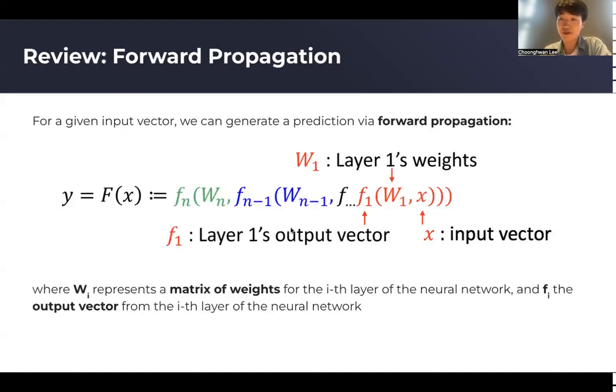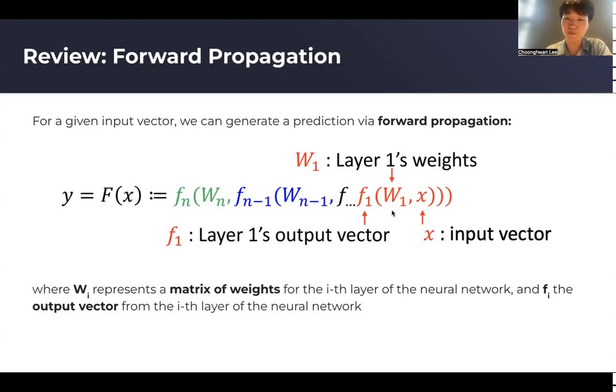And to wrap your head around how this might work, we need to first do a refresher about forward propagation, which we covered 2 sections ago. As a refresher, for a given input vector x, we can generate a prediction using a chain of matrix operations.